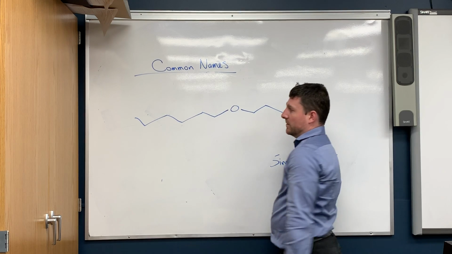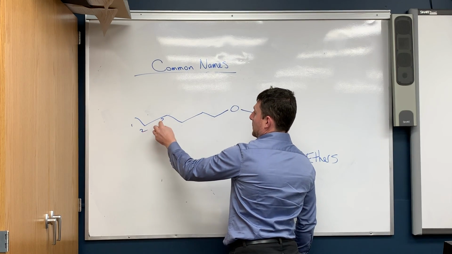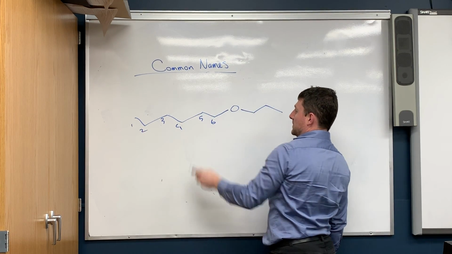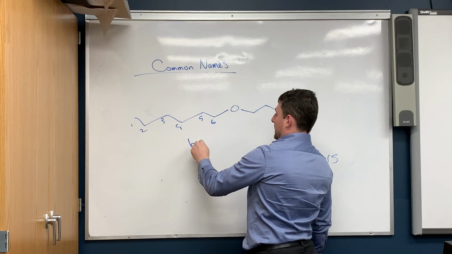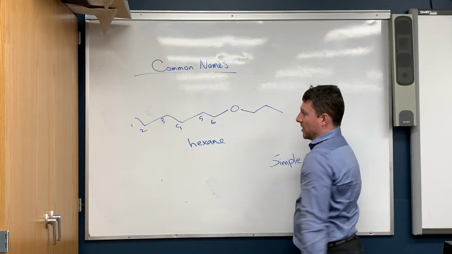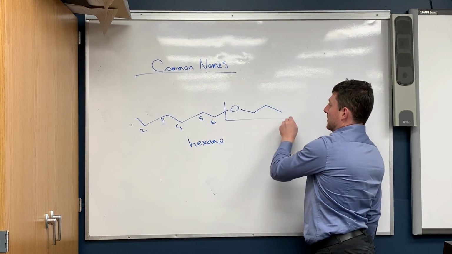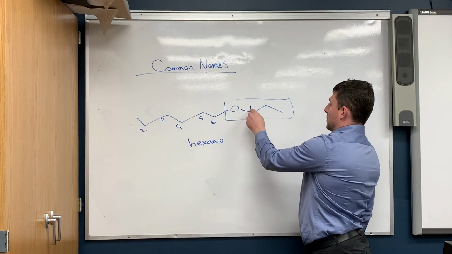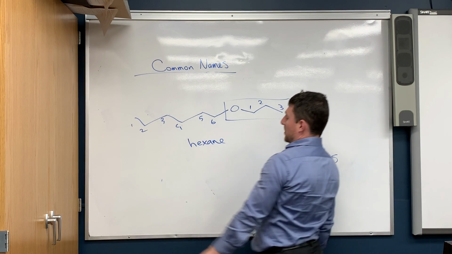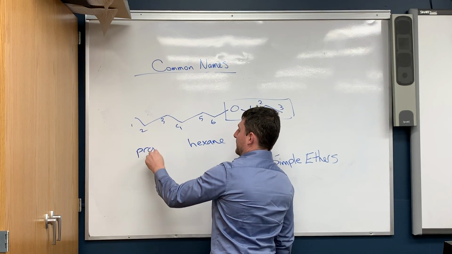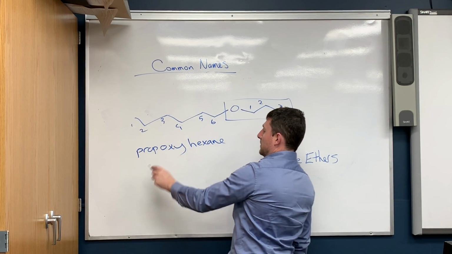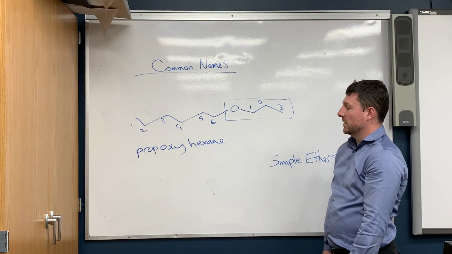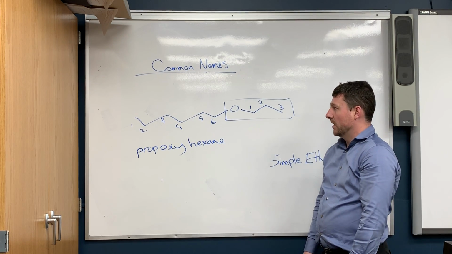And we pick the longer of the 2 chains, so this is 1, 2, 3, 4, 5, 6, so that would be hexane. And the alkane gets the priority, and then the ether group is named as a branch. And that's 1, 2, 3, so it'd be propoxy. That would be prop for 3 carbons, oxy for the oxygen. So you get propoxyhexane, right?